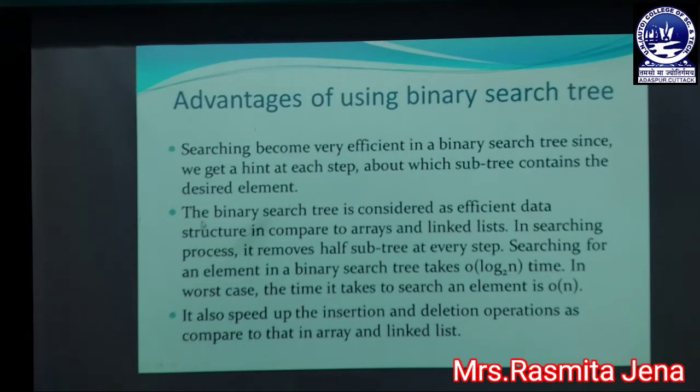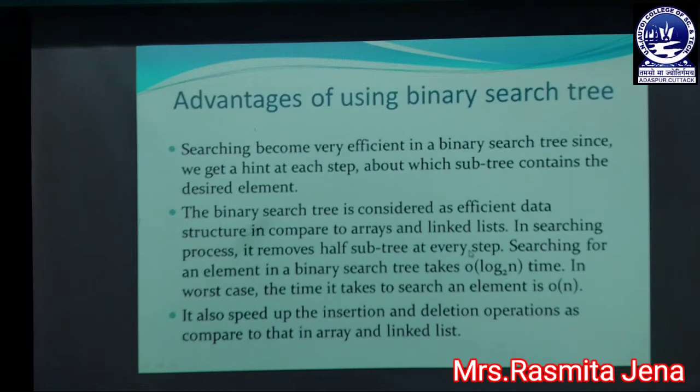The second advantage of a binary search tree is that it is considered an efficient data structure compared to array and linked list, because in the searching process it removes half of the subtree at every step. When we search for a particular element, we first compare with the root node.